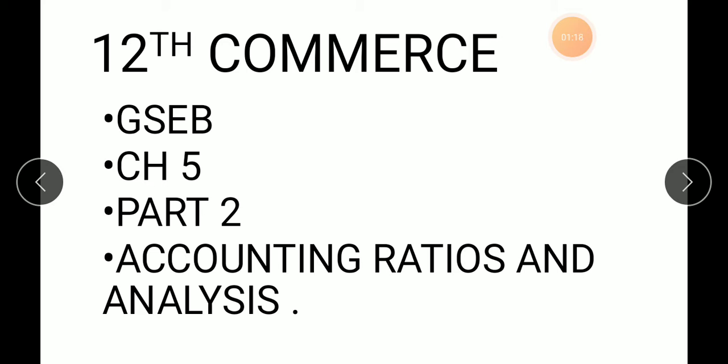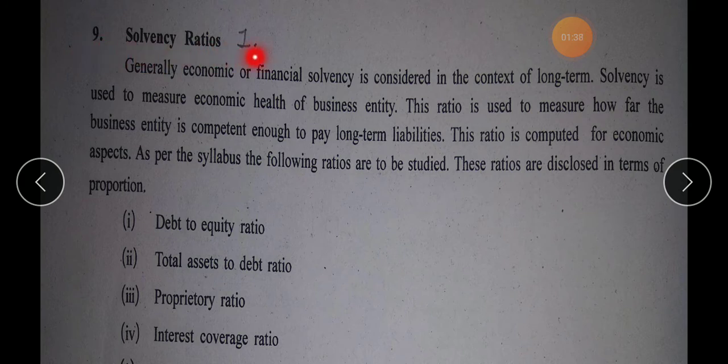Then we have started with liquidity ratios. In that, we have understood 2 ratios. One is current ratio and the other is liquid ratio. And today we are going to start with solvency ratios.